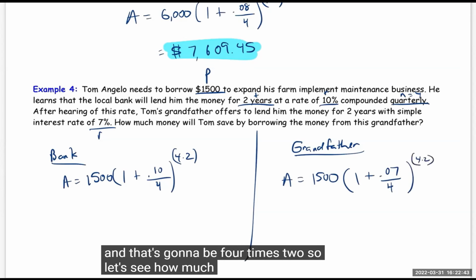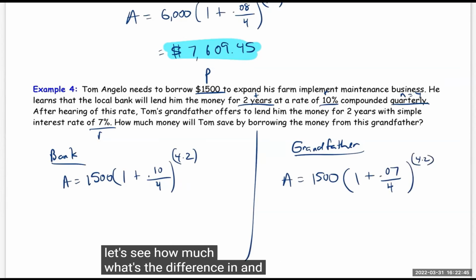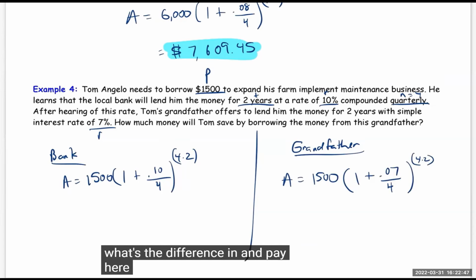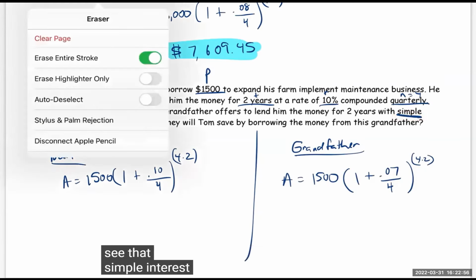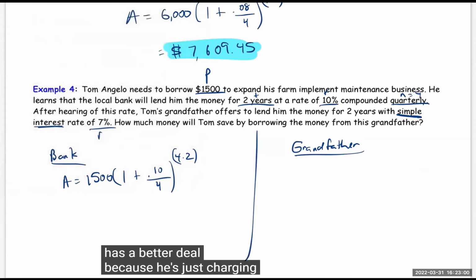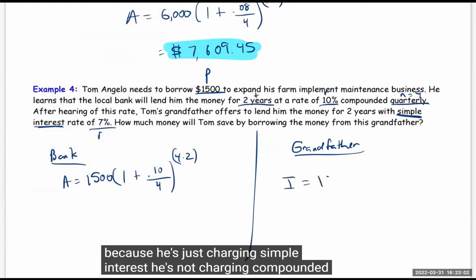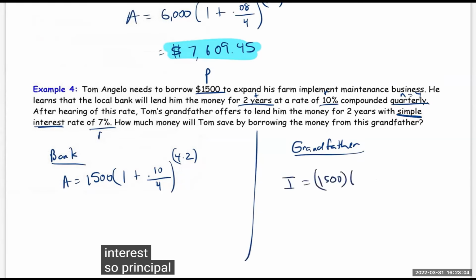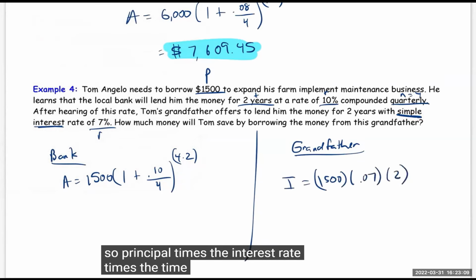So let's see what's the difference in pay here. Let's see here. Oh, I'm sorry. This says simple interest. See that? Simple interest. So the grandfather has a better deal because he's just charging simple interest. He's not charging compounded interest. So principal times the interest rate times the time.